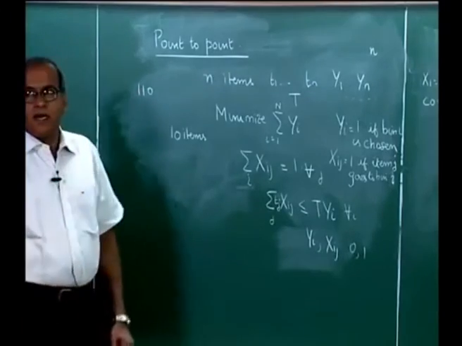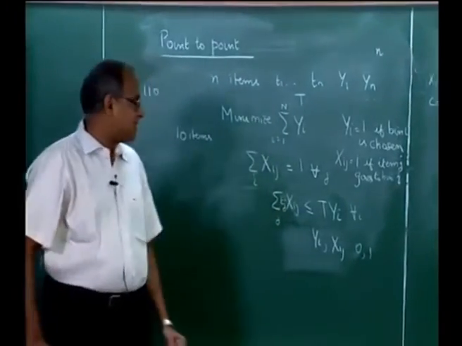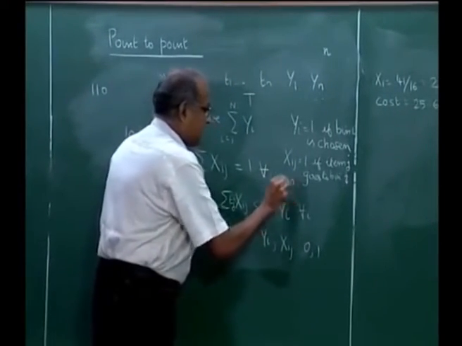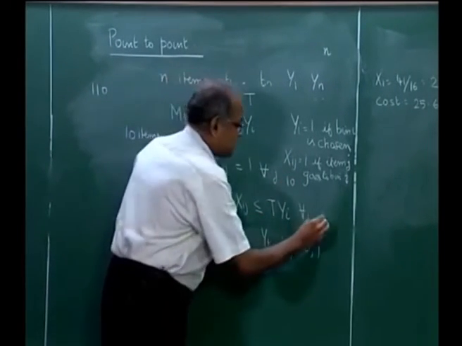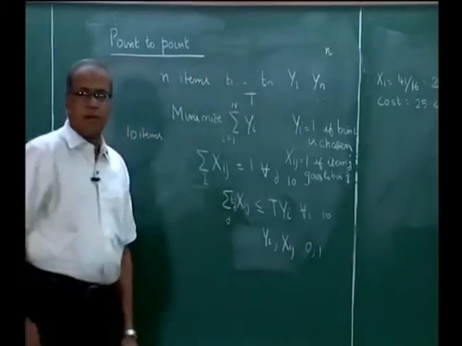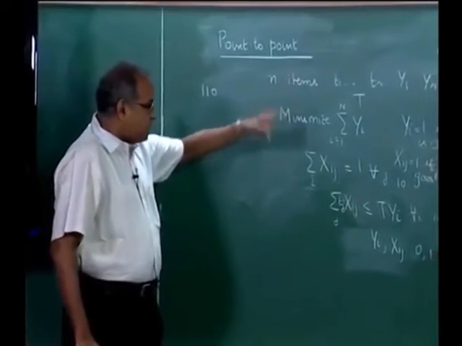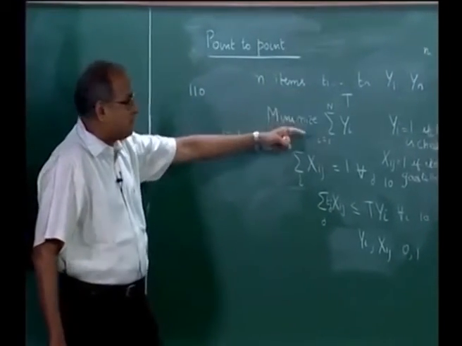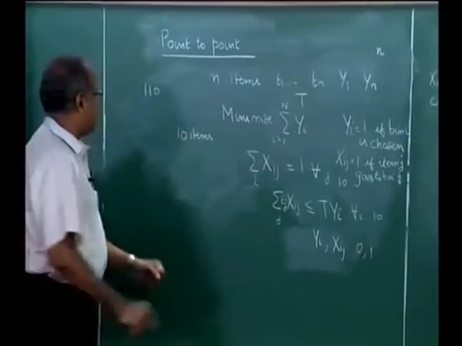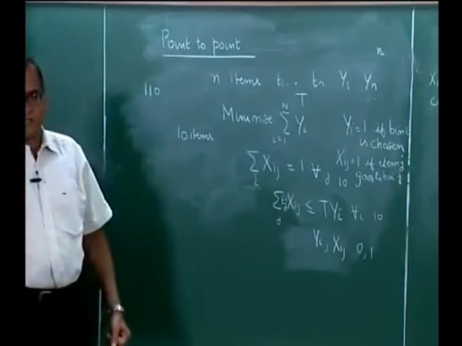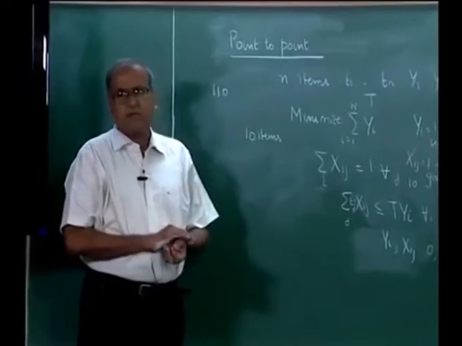So, we will have 110 variables, and this formulation will give us 10 constraints, and this would give us 10 constraints. So, there will be 20 constraints. If we actually solve a problem with 10 items using this formulation, we would have 110 variables and 20 constraints. We can do that.